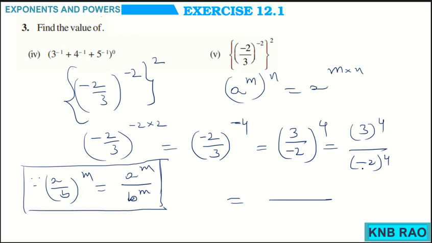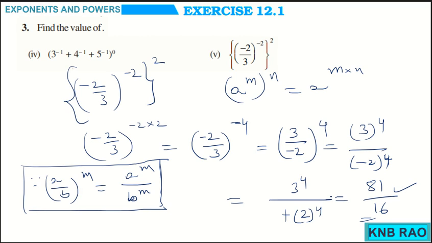Because a negative sign raised to an even power must give you a positive answer, and it is 2^4. So 3^4 by 2^4. 3^4 is 81, and 2^4 is 16. So the answer is 81 upon 16. So with this, the third question is over.